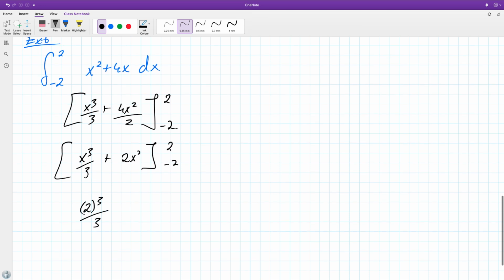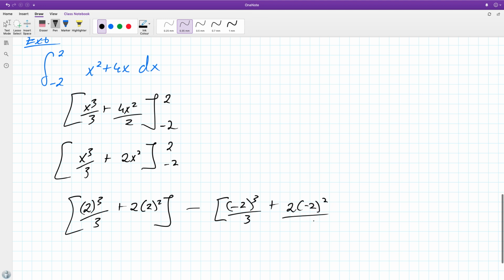2 cubed over 3 plus 2 times 2 squared, minus, 2 cubed over 3 plus 2 times minus 2 squared.